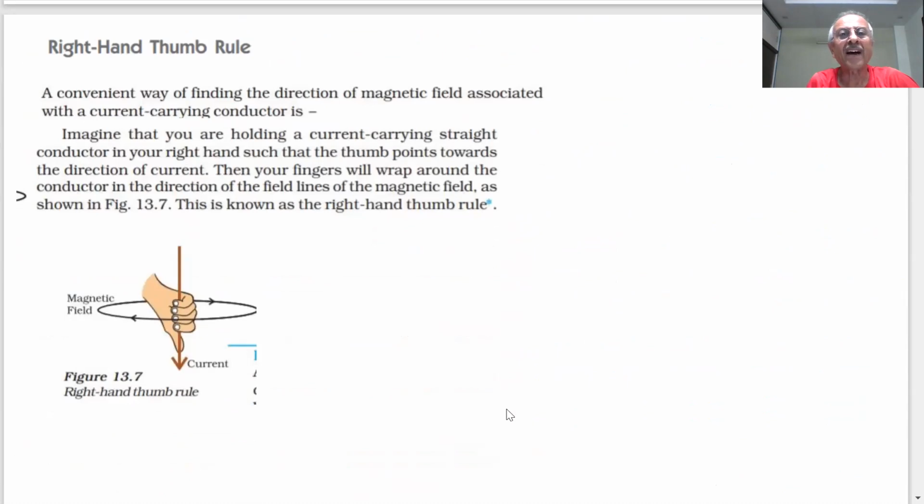How to find the direction of the magnetic field? We have said you can use a compass needle to find the direction of the magnetic field. This is the wire, and this is the direction in which current is flowing. We used a compass needle.